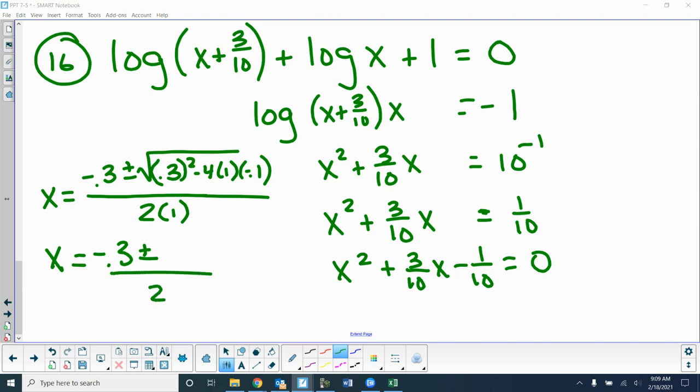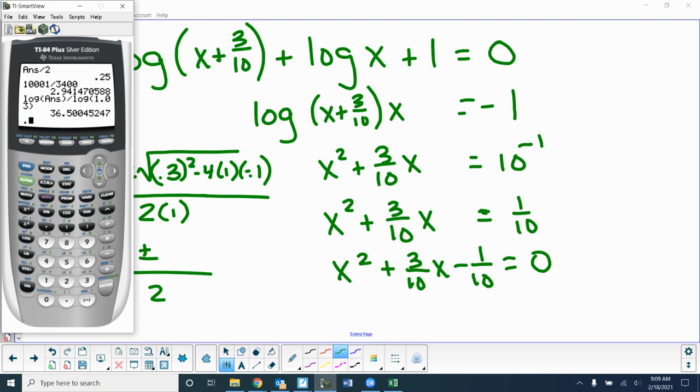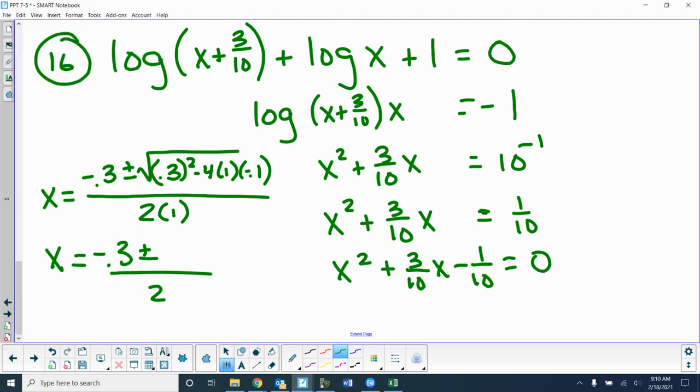All right, so what's 0.3 squared? Minus 4 times a negative 0.1. What's the square root of that? 0.7, right? All right.